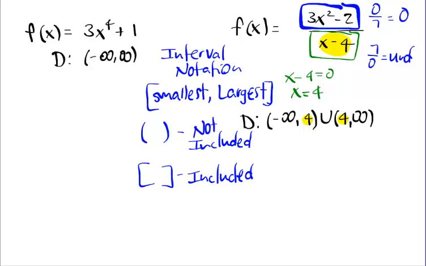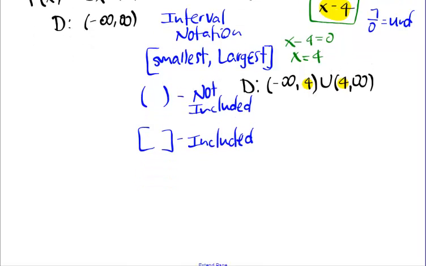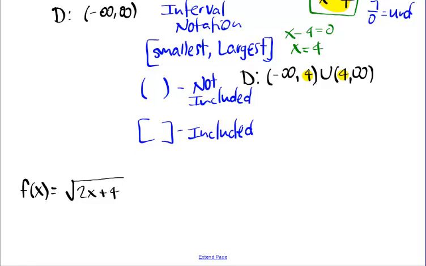So 0 in the top, no problem. 0 in the bottom, big deal. Okay? And then let's look at one more problem that we might have. Let's say something like f of x equals the square root of 2x plus 4. Okay? And I ask you to tell me what the domain is for this problem.